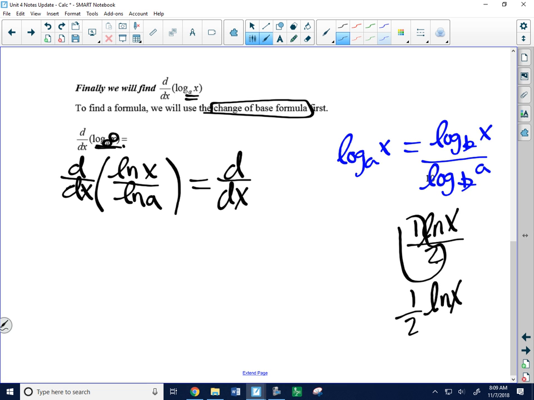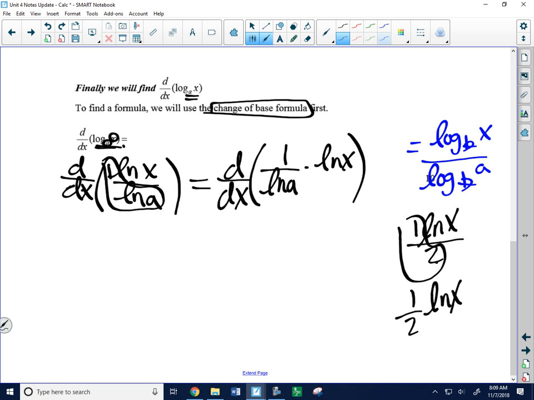That's a better form, and I won't have to do quotient rule. Over here, I'm going to do the same thing. It's really 1 over ln a, so I'll write it as 1 over ln a times ln x. Just like on that one I brought the 1/2 out, I'm bringing the 1 over ln a out, because remember, a is a number, so ln of a is also a number.